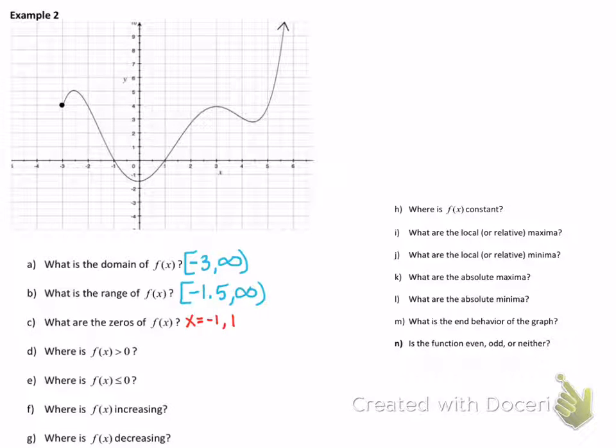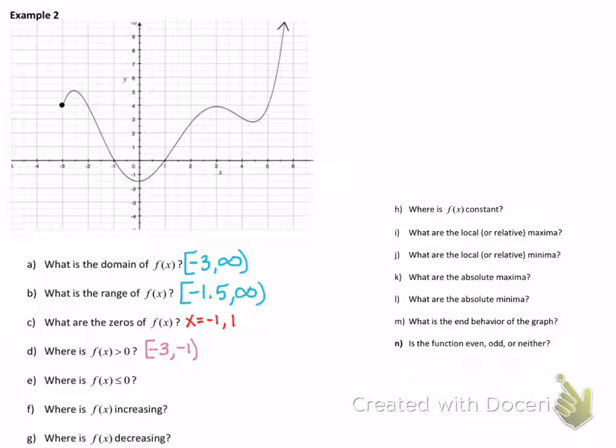So where is it greater than 0? Well, starting on the left, it is greater than 0 at the beginning. It is greater than 0 at -3, so we will include a bracket, because it's an endpoint and it's not on the actual x-axis. It is clearly above the x-axis, so it's clearly positive. So -3, and then it continues to be positive until -1.